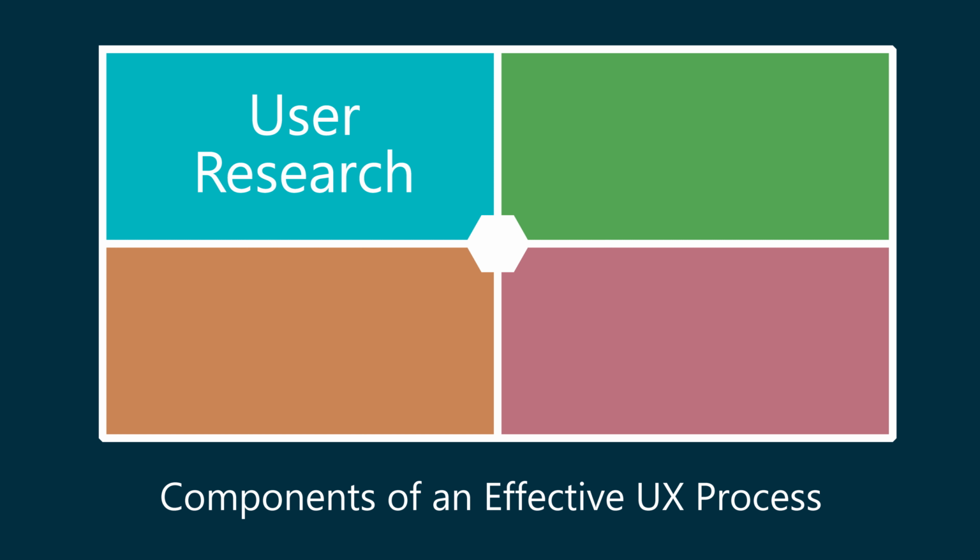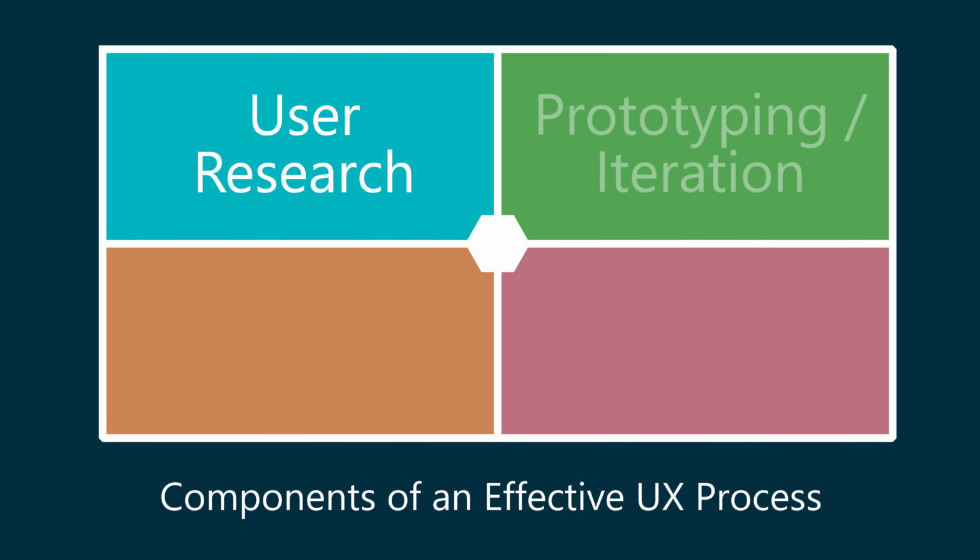So this varies a lot. And you'll also find disagreement, with some people saying, oh, you don't need that much user research, and some people saying, oh, you need tons and tons of it. But let's just say for our purposes here that an effective UX process is going to have some amount of user research built in.